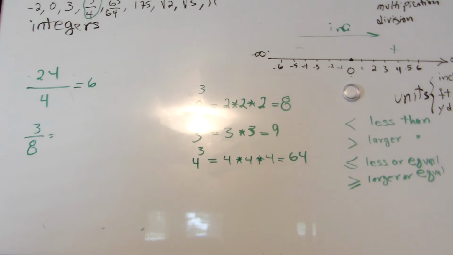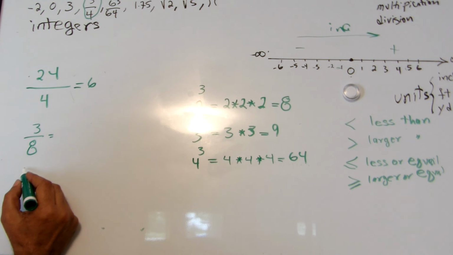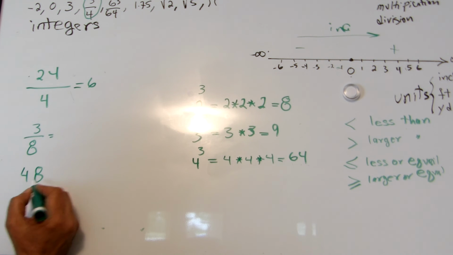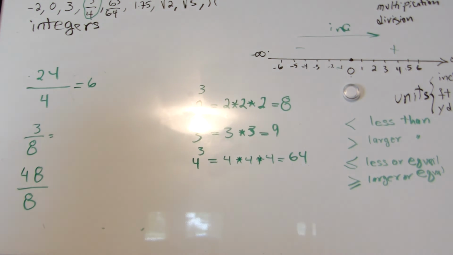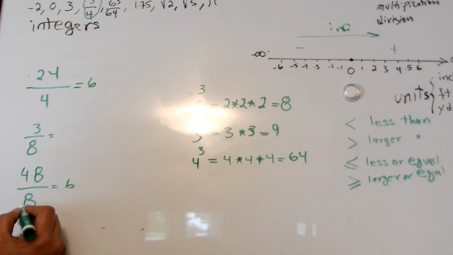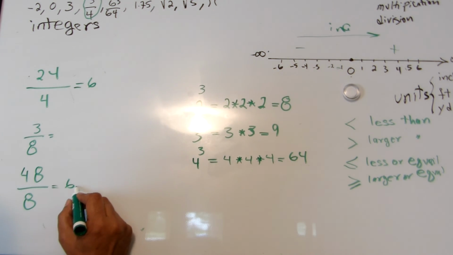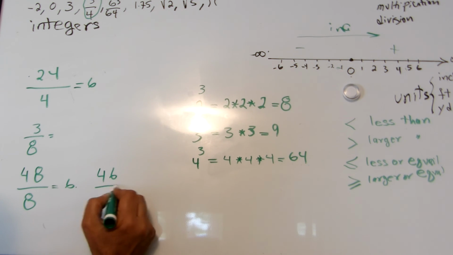An example is this: you want 48 divided by 8, which is going to be 6. But there are some numbers where you don't get an integer, like 46 divided by 4.